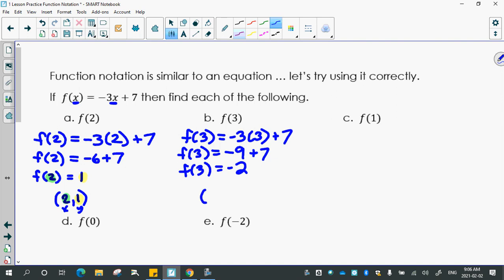You don't have to write this down, but it means that when x is 3, y is negative 2. When the input is 3, the output is negative 2. So if I were drawing that line again, I would expect the point (3, -2) to be on that line.